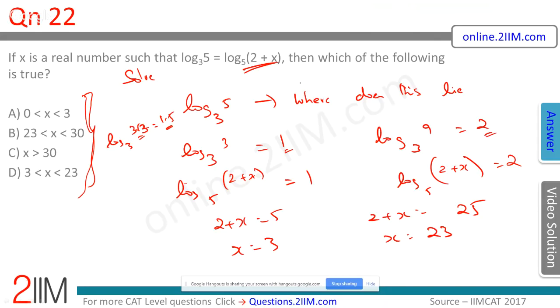When x is 3, this becomes 1. When x is 23, this becomes 2. This is between 1 and 2, or x should lie between 3 and 23. I'm just substituting and trying to find a range for this. Saying where does it sit? That's what we want to evaluate.